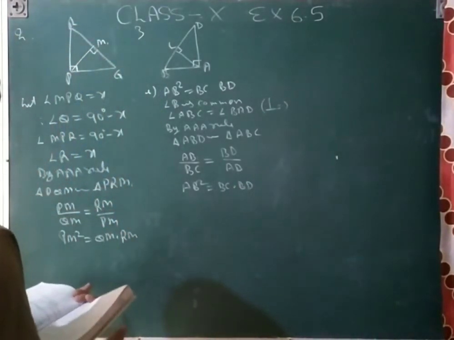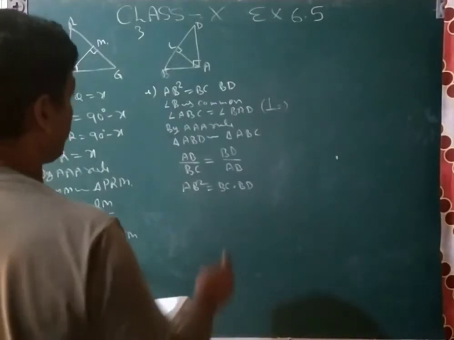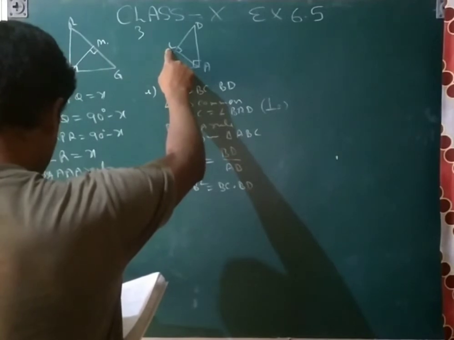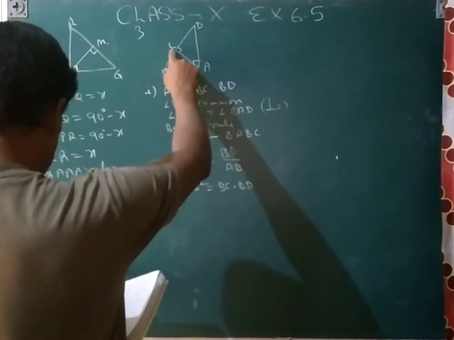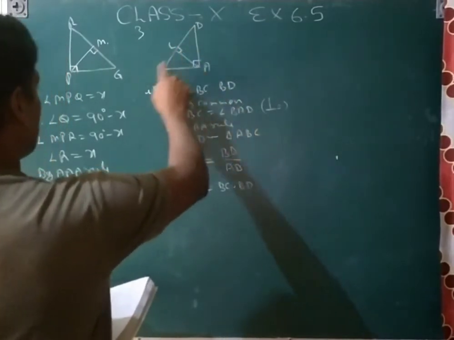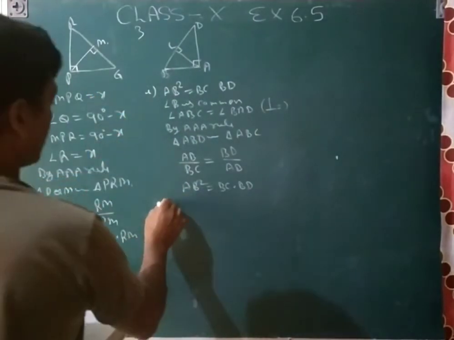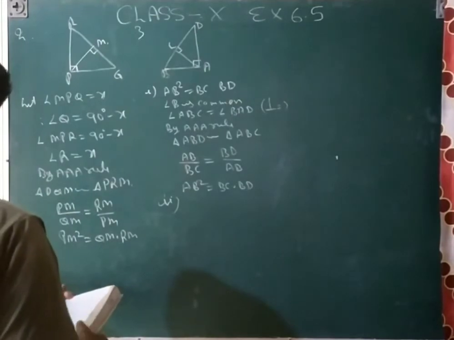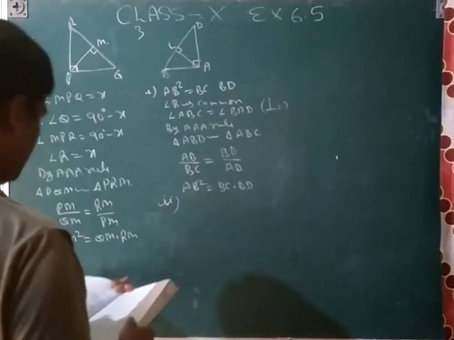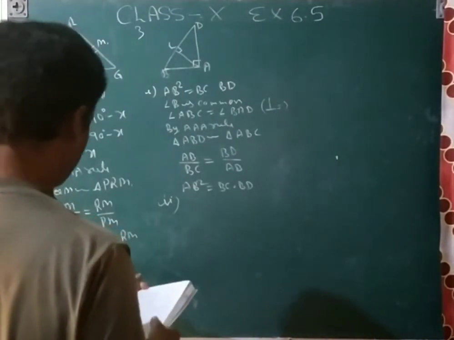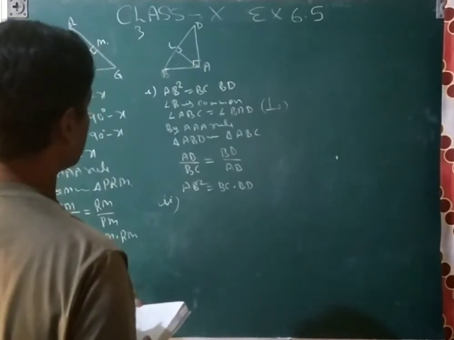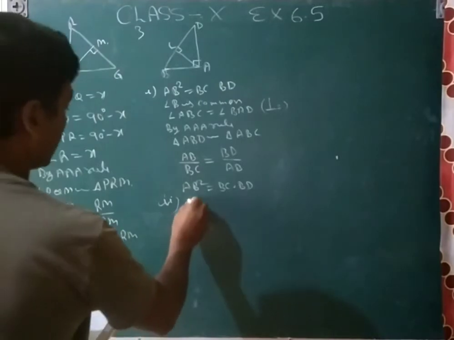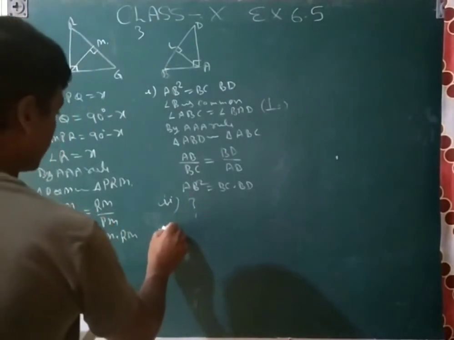Similarly you can do the second part, AC square is equal to BC square plus DC square. It is similar to the second question. AD square is equal to BD multiplied by CD, similar to the first part. So you can do that one. The third part you can also do.